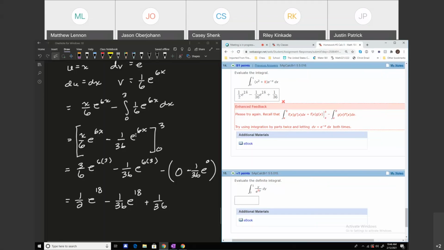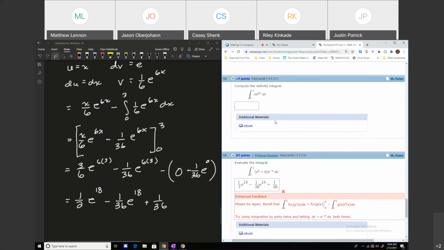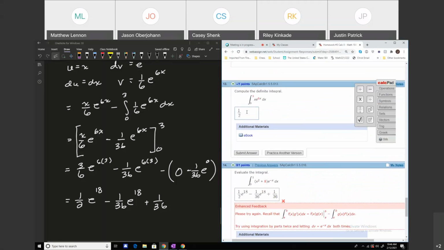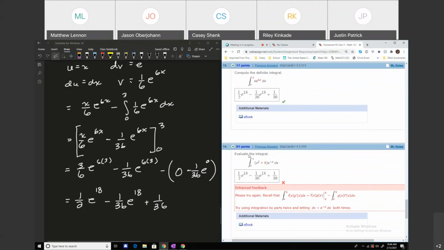Oh, I plugged it into 14, not 13. I was typing the answer in the wrong problem. That's an interesting mistake. Just in the wrong dialog box. Okay, there we go. So that fixes that. I just typed it in the wrong spot.